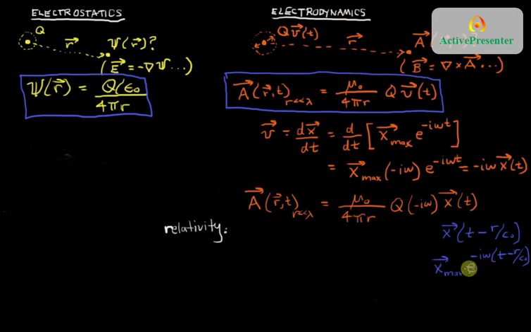And we can analyze this term further and write that as e to the i, and the first term is positive omega over c naught r, and the second term is minus omega t. That just follows algebraically from here.